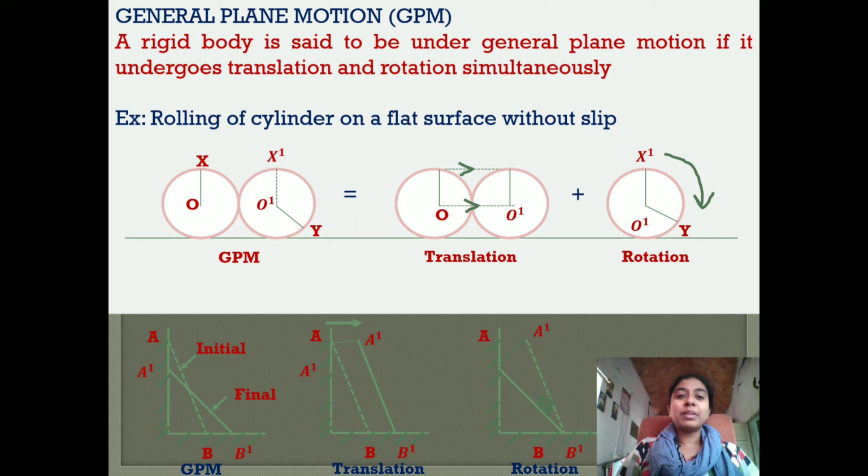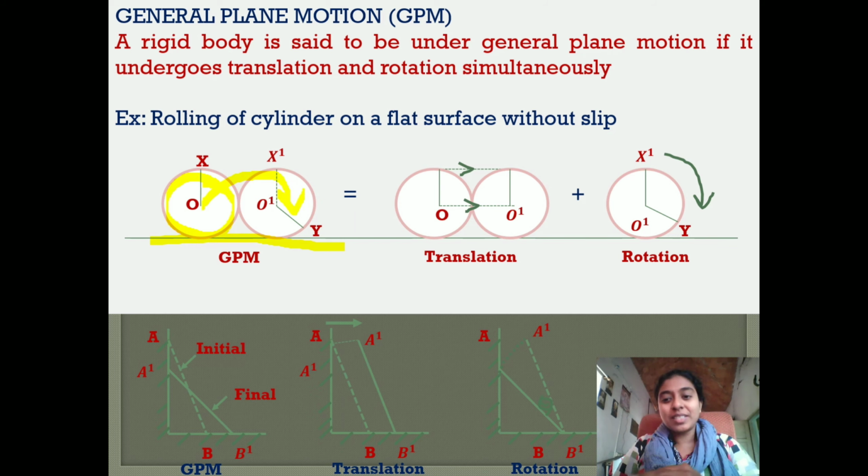So the first example is rolling of a cylinder on a flat surface without slip. See, this is your cylinder rolling on the flat surface. This is your flat surface. It is rolled from this position to this position. That means you are rolling it in a clockwise direction. You can take a cylinder at your home and try to roll it on a flat surface.